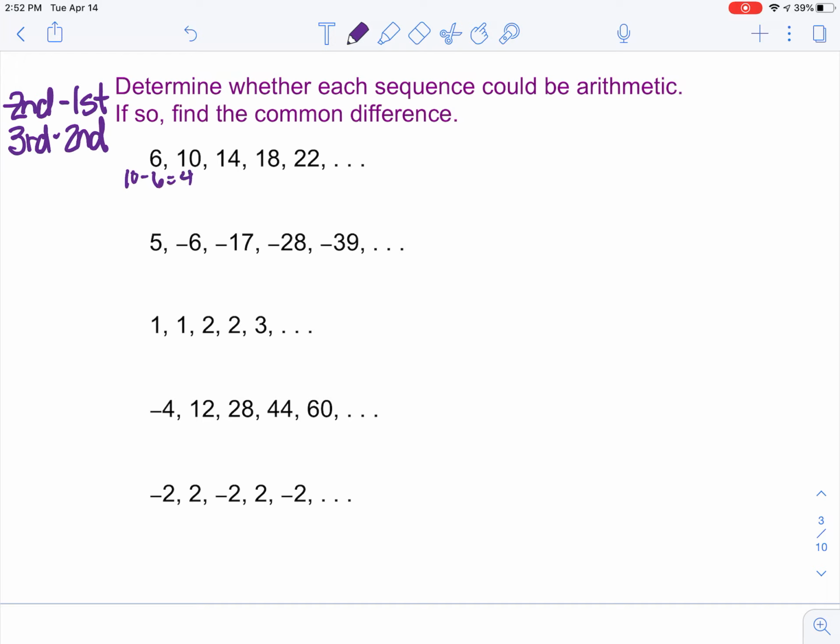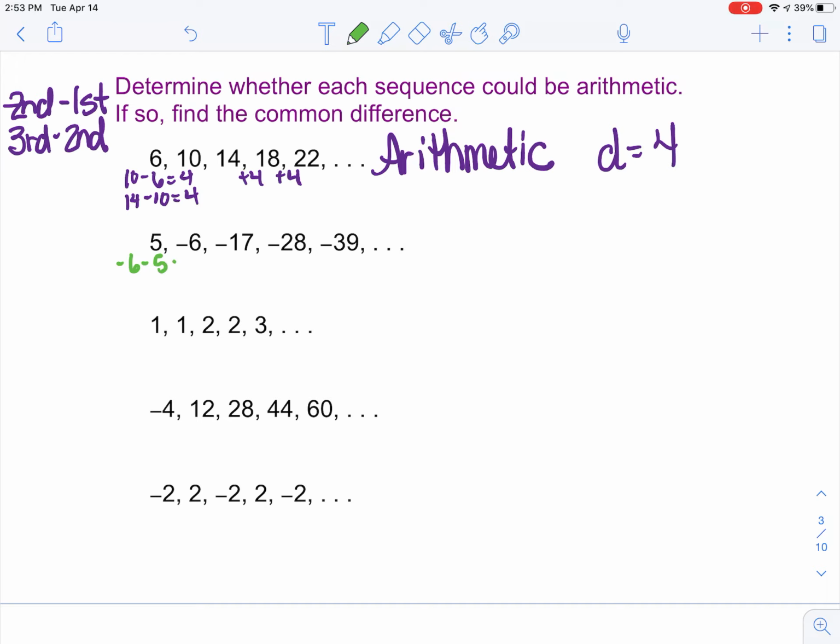So on this one, I'm going to take 10 minus 6, which is 4. 14 minus 10, which is 4. So it says that I'm adding 4 each time. Am I adding 4 each time? Yes, so this is arithmetic, and whatever I'm adding is my common difference, 4.